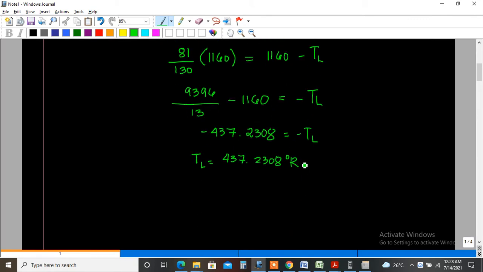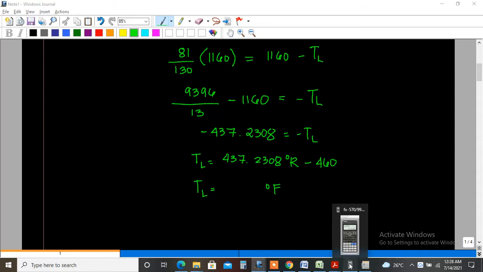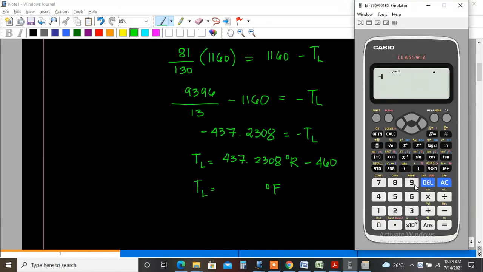To convert this into degrees Fahrenheit, we have to subtract it by 460. So TL in degrees Fahrenheit is equal to 437.2308 minus 460.